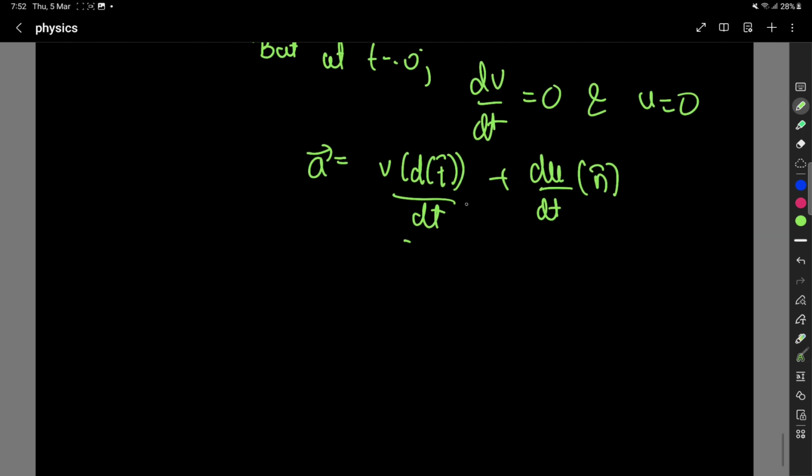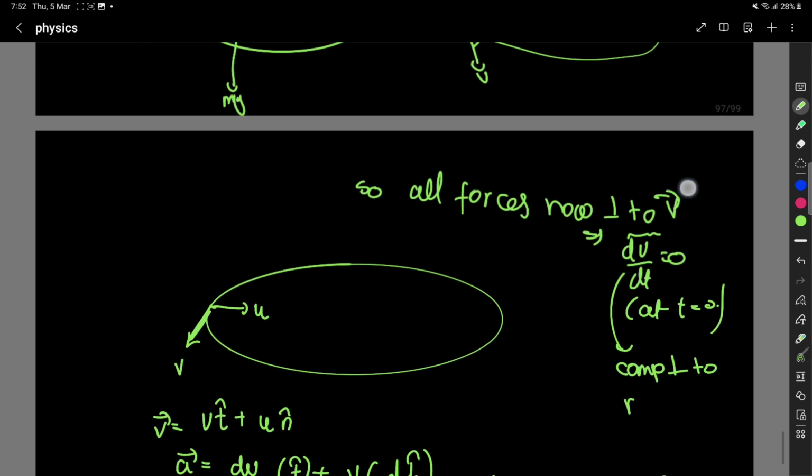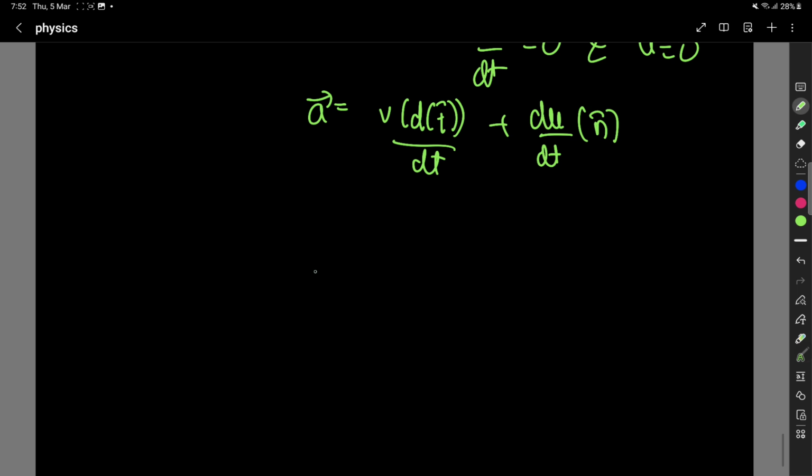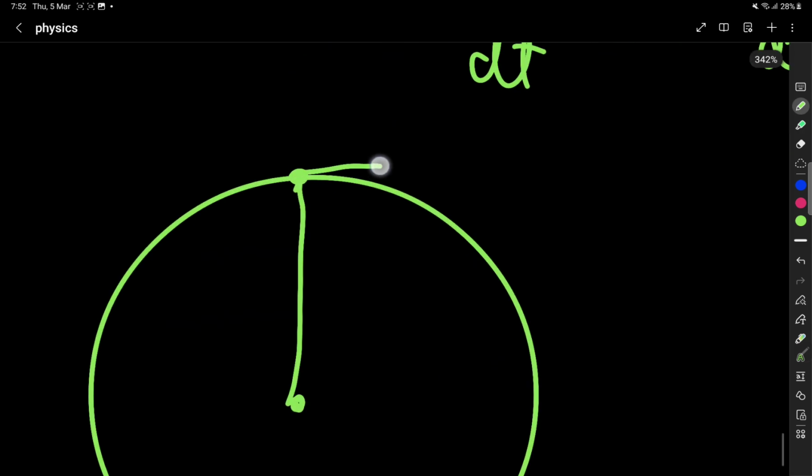First we'll concentrate on this term dt cap by dt. I have to tell what is the meaning of that, right? If it was here, this will be the direction of t cap. After some small time interval, this will be the direction of t cap.